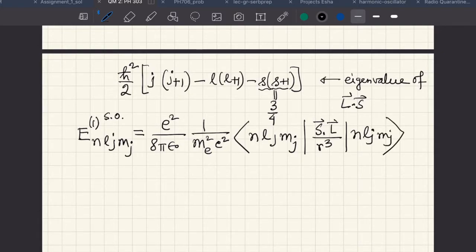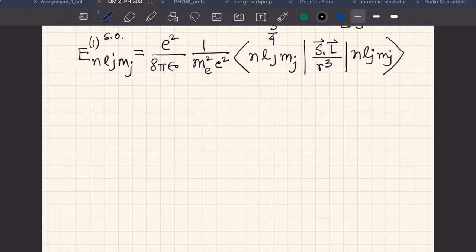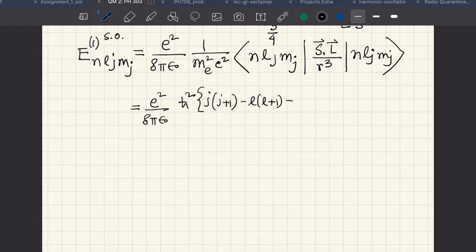Now S dot L acting on n, l, j, mj, I just wrote this result. So this will come out and we will have e square by 8 pi epsilon naught, ħ square, J into J plus 1 minus L into L plus 1 minus 3/4, divided by 2 m e squared c squared.